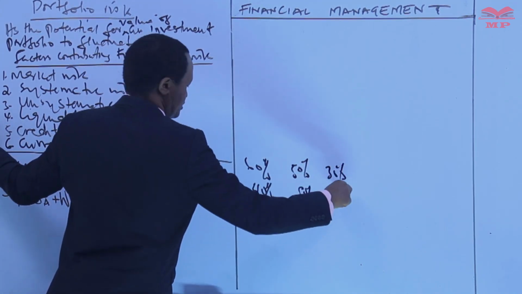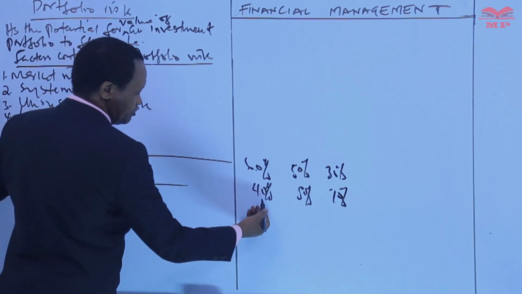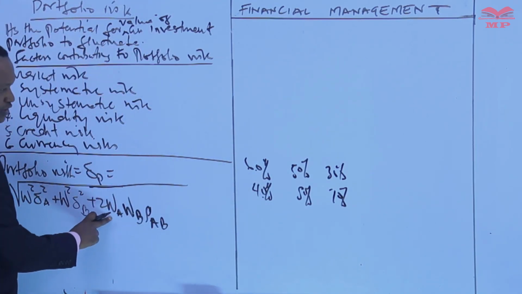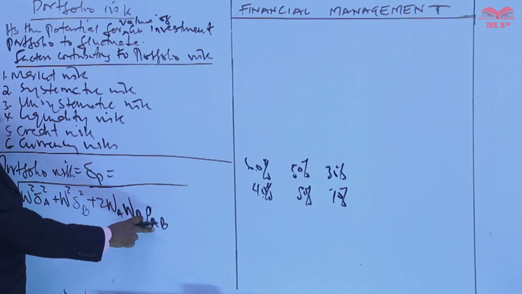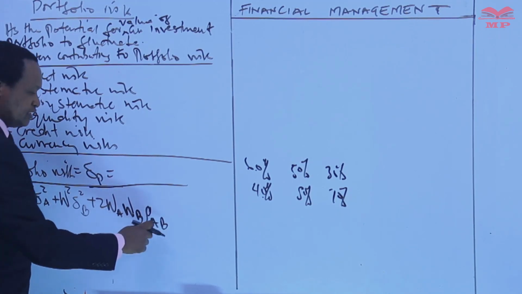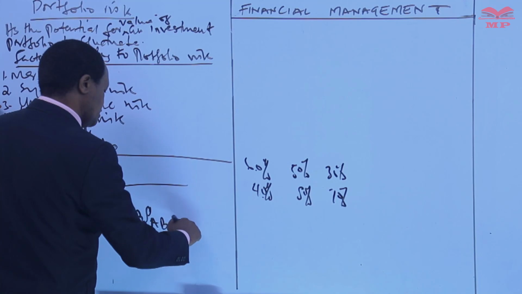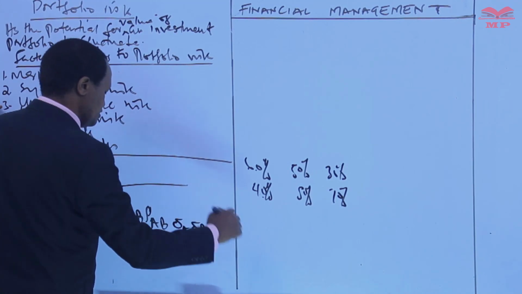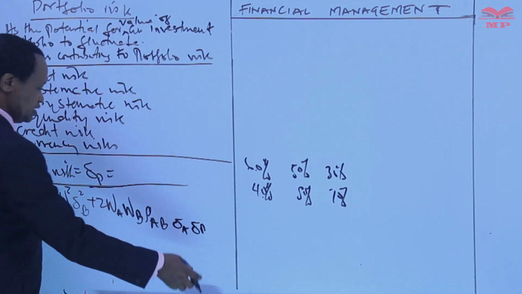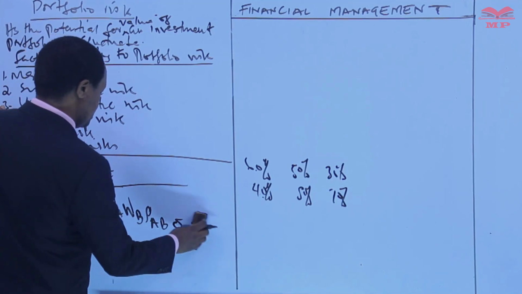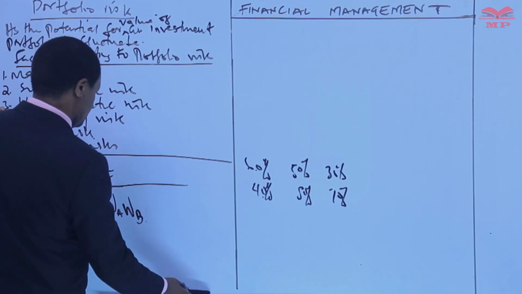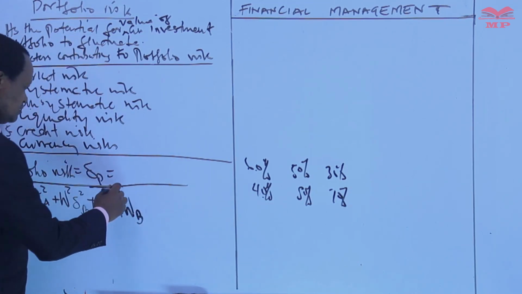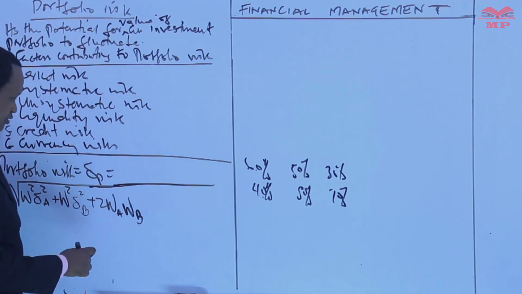So you multiply the weights, convert this into decimal, you'll have 0.6 times 0.4 times 2 times the correlation coefficient of A and B, times the standard deviation of A times standard deviation of B. So you see that?